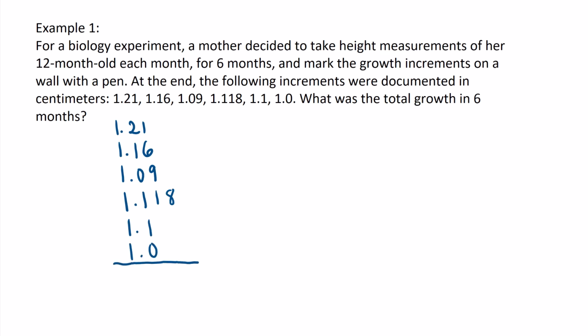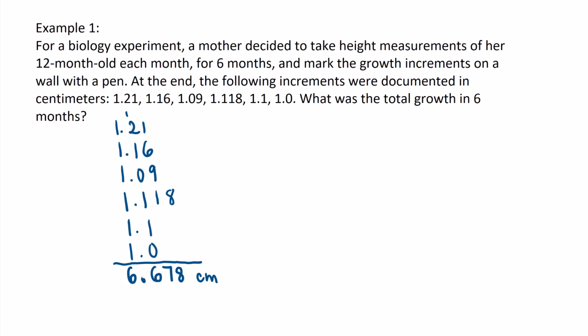So I've rewritten all the values, and now I'm going to add them up from right to left, carrying the tens as I go. So 8 just drops down. We have 10, 16, 17, carry the 1, 3, 4, 5, 6. Now the decimal place, and now I'll count out these 1, 2, 3, 4, 5, 6. So we have 6.678 centimeters.